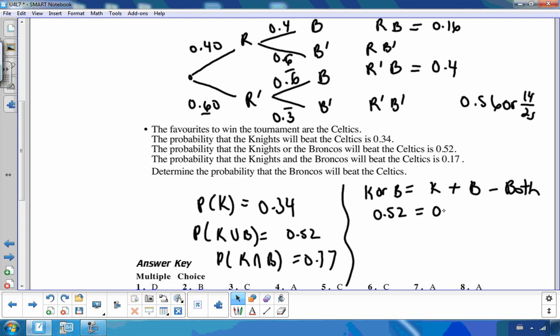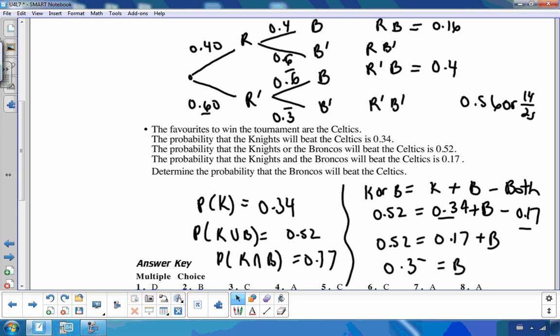The probability the Knights win is 0.34. We're trying to figure out the Broncos. Subtract the probability of both winning. Okay, so looking at this, 0.34 take away 0.17 is 0.17 plus the Broncos. So subtract 0.17 from both sides, and I get 0.35 is the chance that the Broncos win.